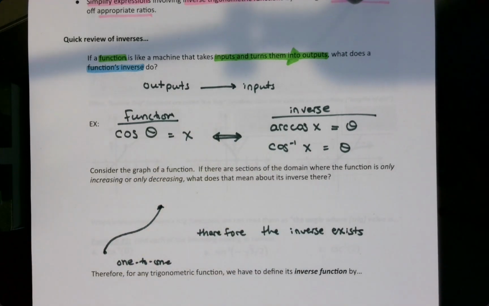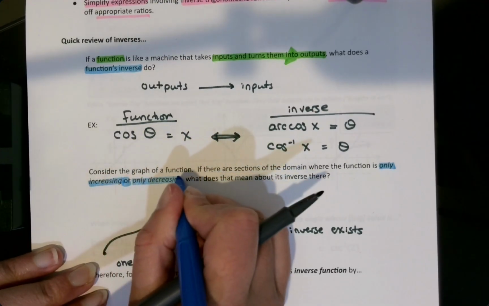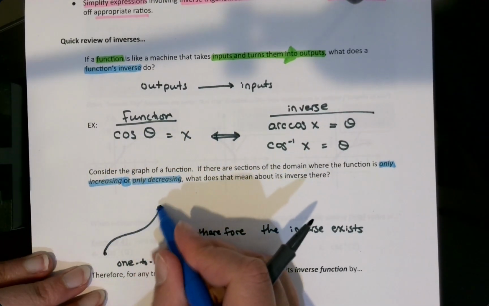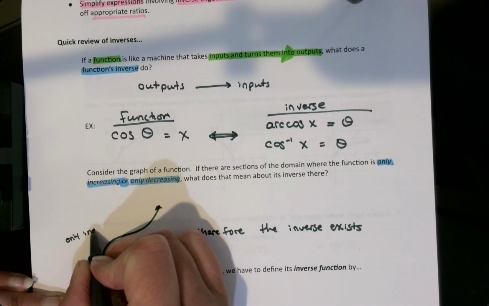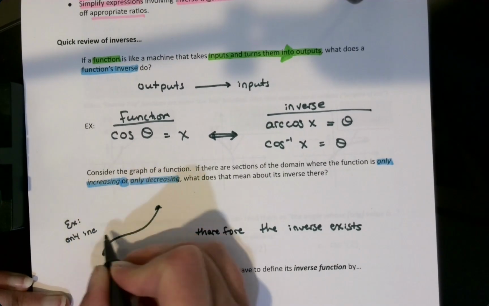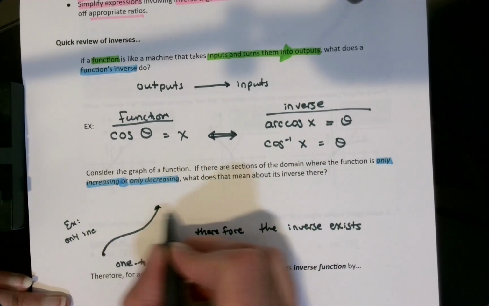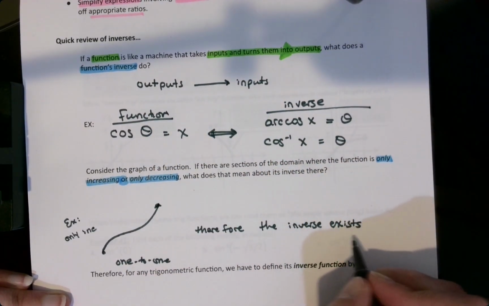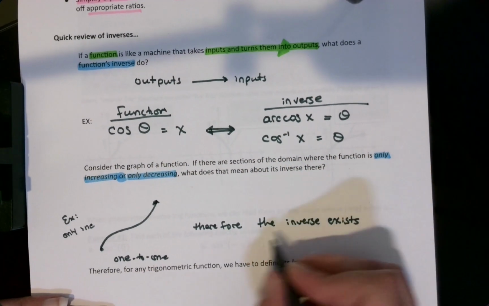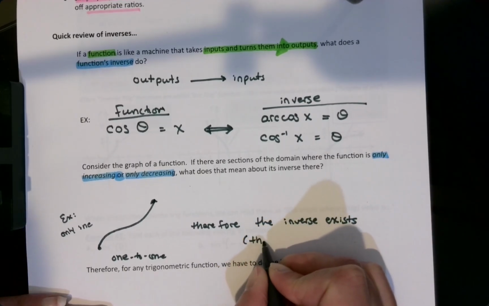Okay, so if the function is only increasing or only decreasing, this is an example of one that is only increasing. That makes it 1 to 1, passes the horizontal line test. And so if you were able to flip that, it would make the inverse function exist and therefore be a function. So when I say the inverse exists, it means that the inverse is a function.